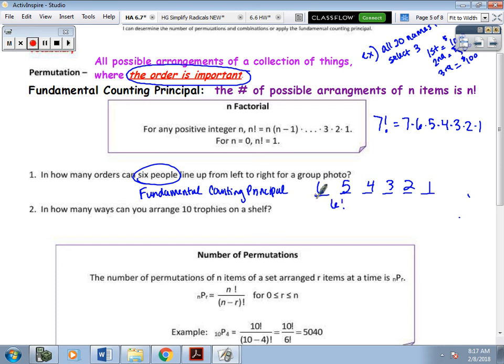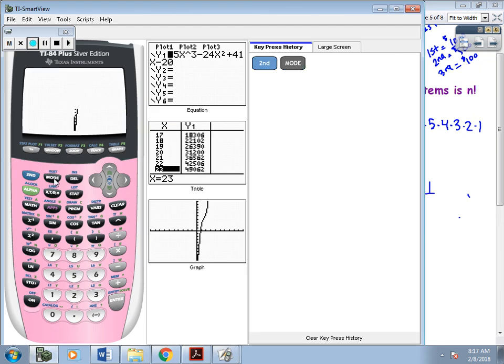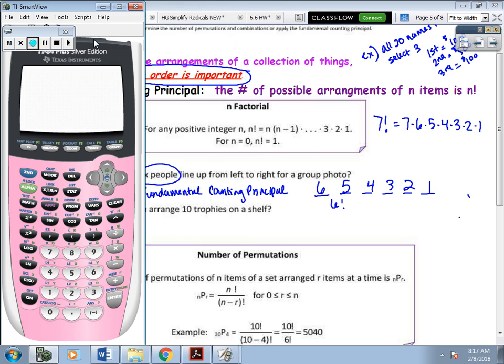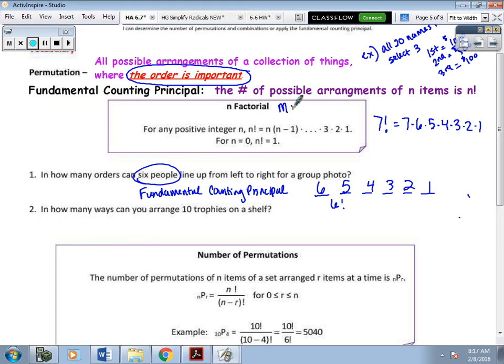Now, you either need to type this in your calculator, or let's go ahead and find the factorial key on our calculators. And I'll probably put this in our notes up here. We press the math button, arrow to probability, 4.